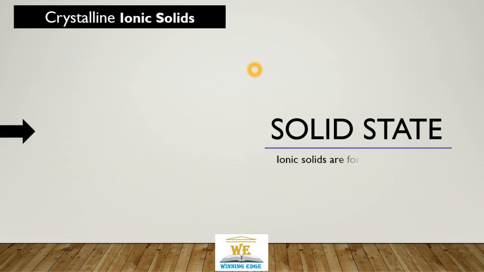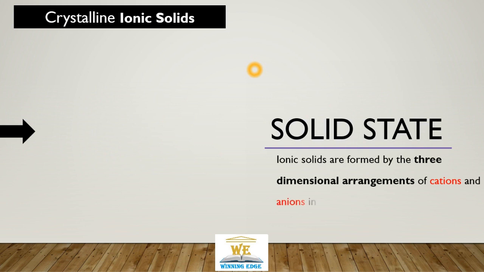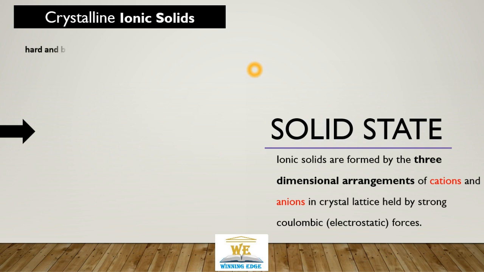Now ionic solids. Ionic solids are formed by a three-dimensional arrangement of cations and anions in a crystal lattice held by strong Coulombic forces, also known as electrostatic force. There are certain properties of these crystalline ionic substances.